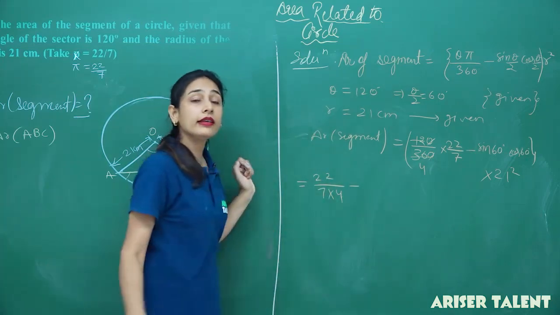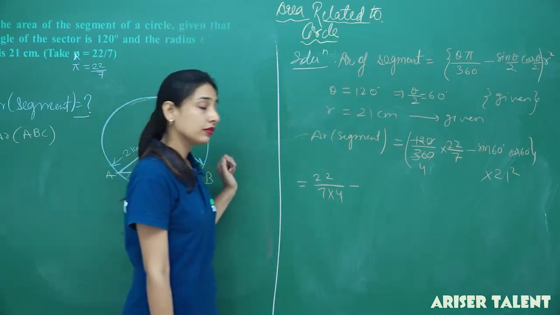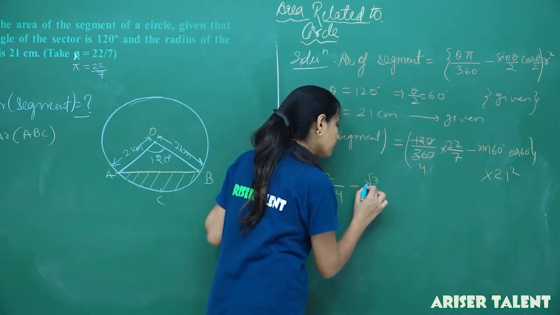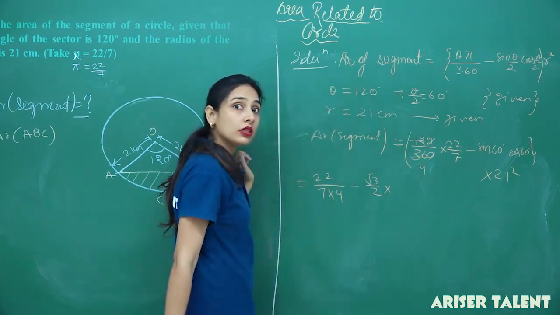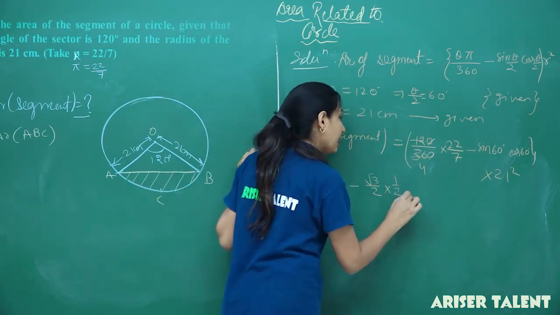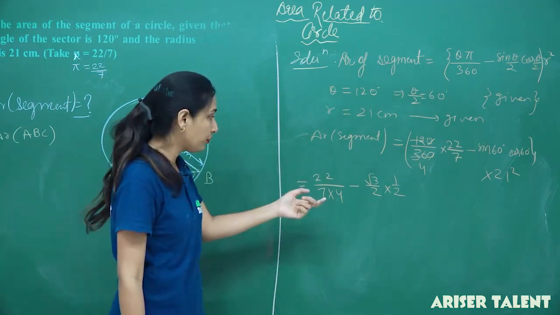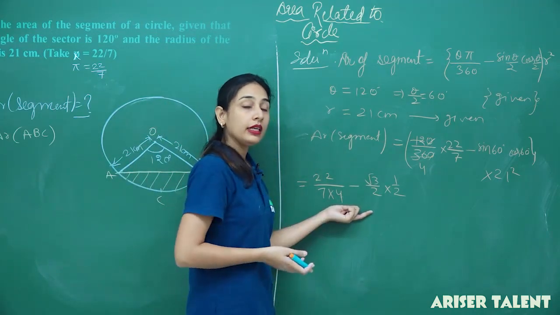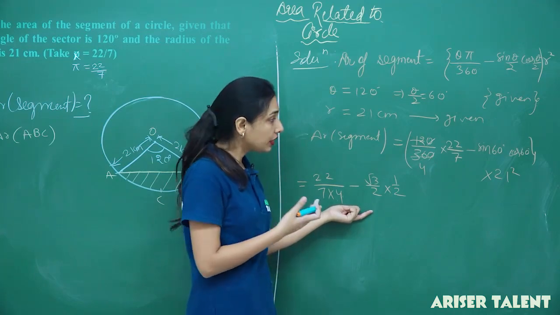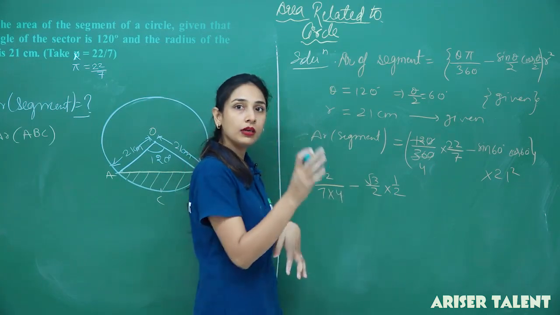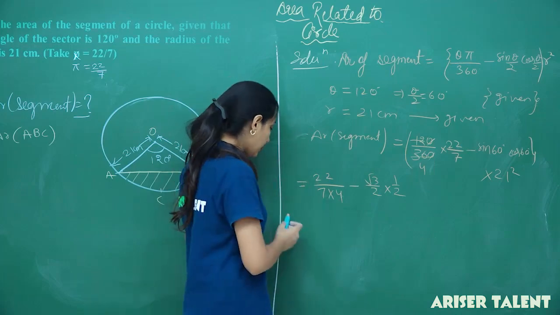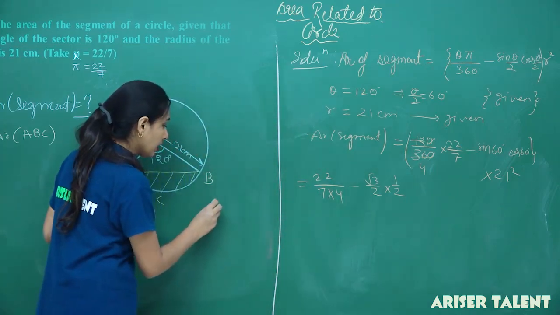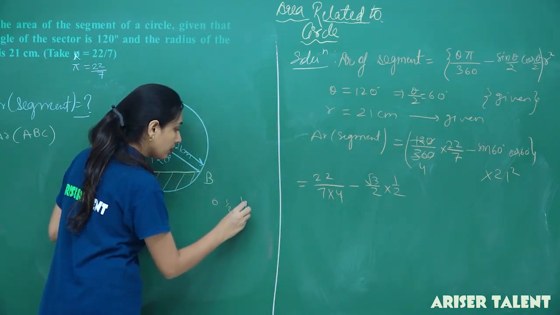Now sine 60 degree is root 3 by 2. Cos 60 degree is 1 by 2. How? If you do not know the answer, check my video on trigonometric ratios, and from there you can find the table. This table I am just telling you in short.